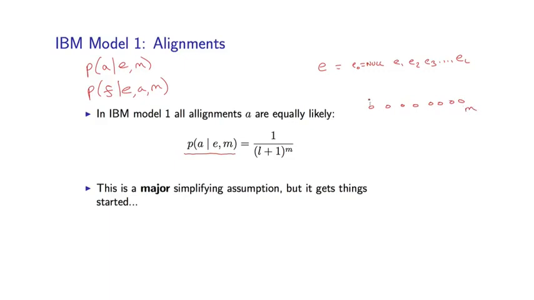So we're just going to assume that for each of these positions, each of these L+1 alignments, so this word, for example, could align to any of these different things, each of these has probability 1 over L+1, because there are L+1 possibilities, the null word plus each of the English positions. And I have M French words to choose, so the overall probability is just going to be 1 over L+1 to the M. So again, this is just assuming that every possible alignment is equally likely.